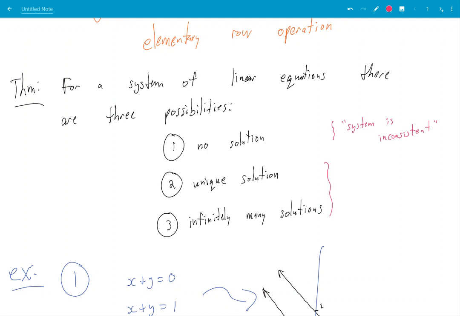Now, when you have scenario 2 or 3, we say the system is consistent, if there's at least one solution. So inconsistent versus consistent.